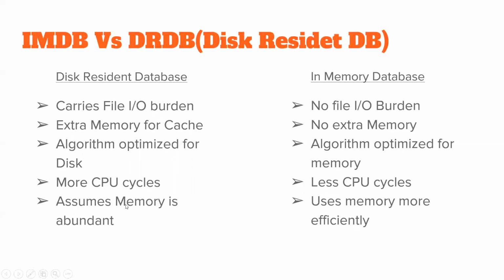In this, there are more CPU cycles and it assumes memory is abundant. On the other side, in the in-memory database system, there is no requirement of file IO burdens, no extra memory, and the algorithm is optimized for memory. In an IMDb system, there are fewer CPU cycles and memory is used more efficiently.